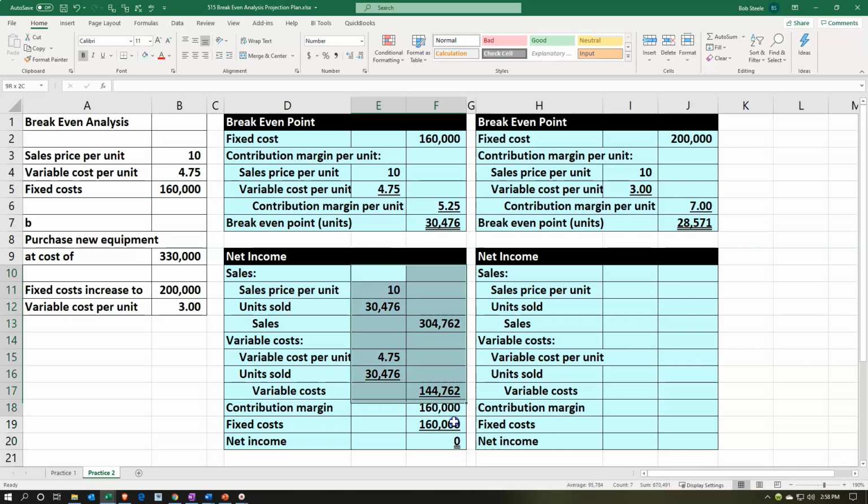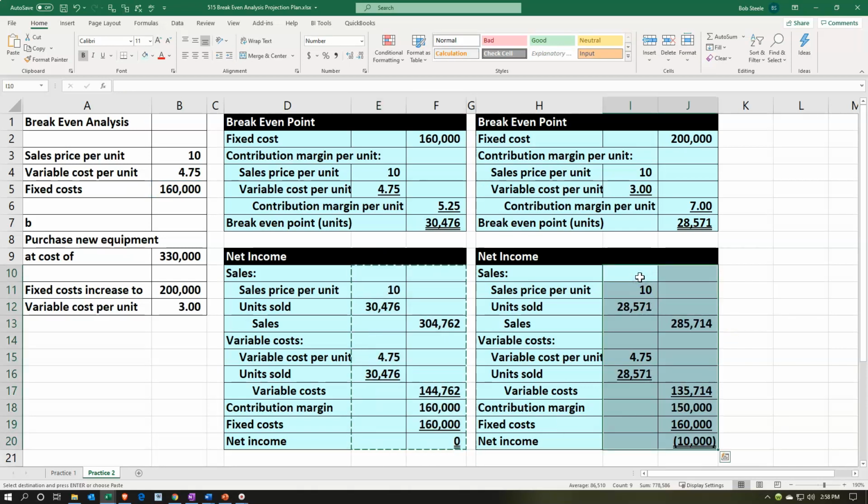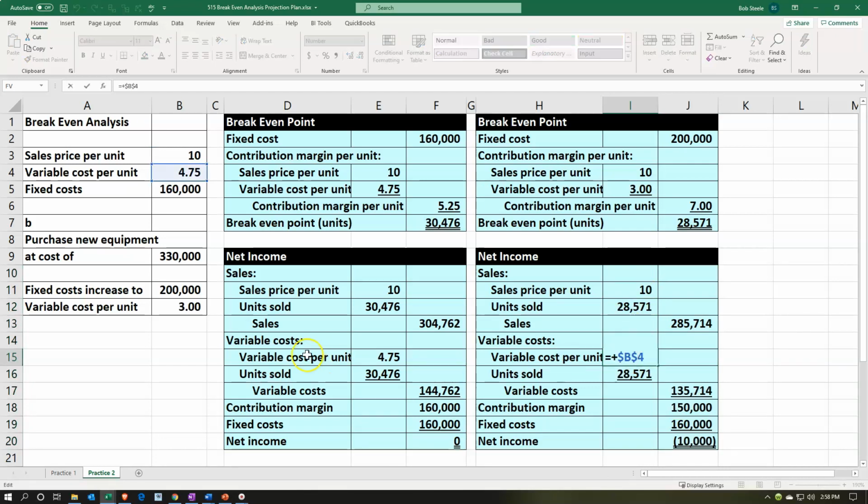And then you can copy these whole numbers over and just fix the ones that you need to fix, right? The 10, that's good. Sales, that's good. Variable costs, wrong one. We need the $3. Okay, that's why we're off by the 10,000. That's why that's not 0. So I'm going to say, all right, I need this $3 one over here.